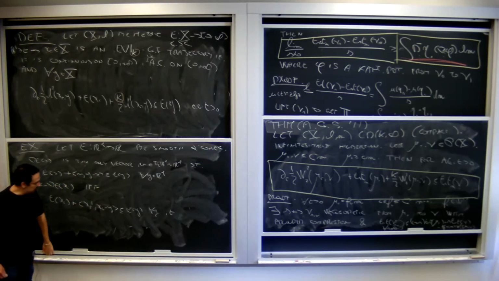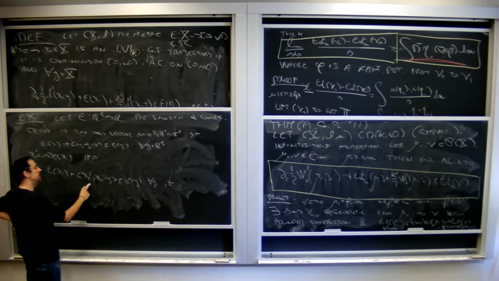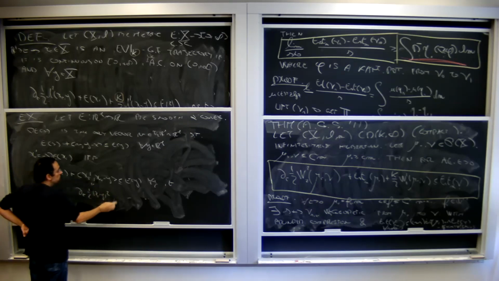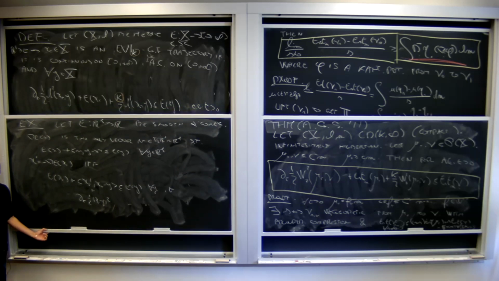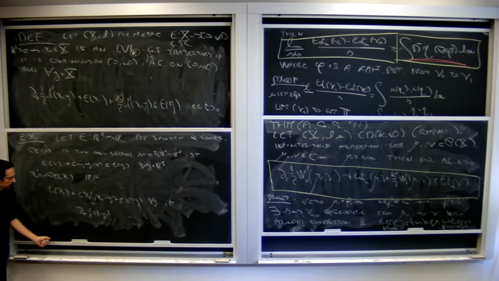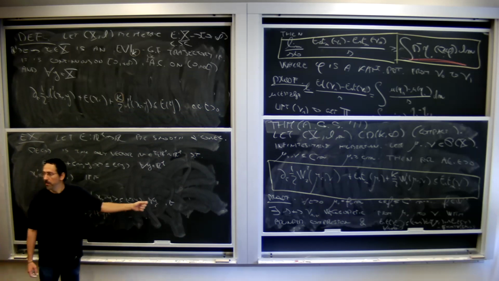Now an observation: this term is the derivative of 1/2 |x_t minus y| squared. So you see I characterized being a gradient flow by means that have a metric analog: x_t is a gradient flow if and only if the energy of x_t plus this derivative is less or equal than the energy of y for every y and t.